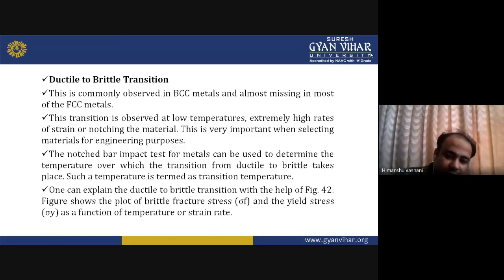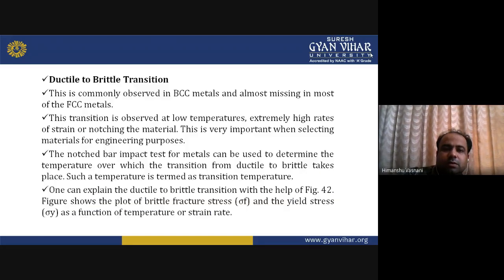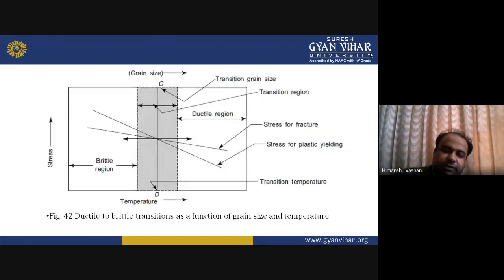Okay, it shows the plot of fracture stress and yield stress as a function of temperature or strain rate. Here in this diagram, diagram number 42, you can see the ductile to brittle transition as a function of grain size and temperature.